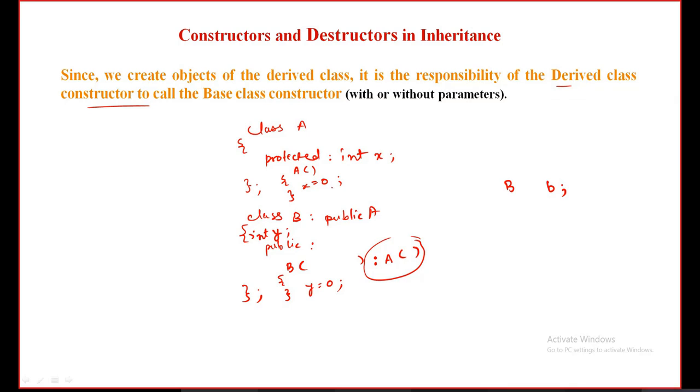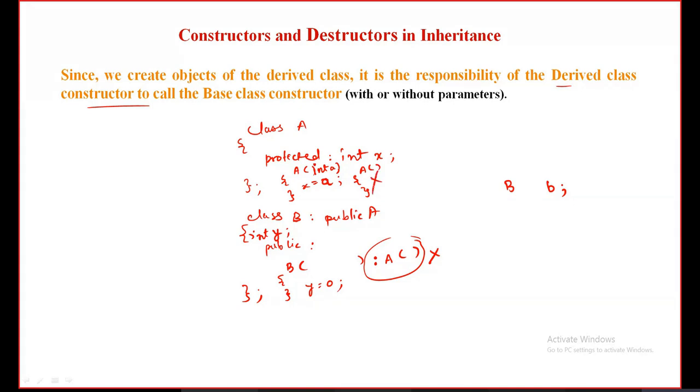Fine. But if I am having a parameterized constructor in my base class, then I cannot expect the compiler to make a default constructor. This constructor will not be created by the compiler.